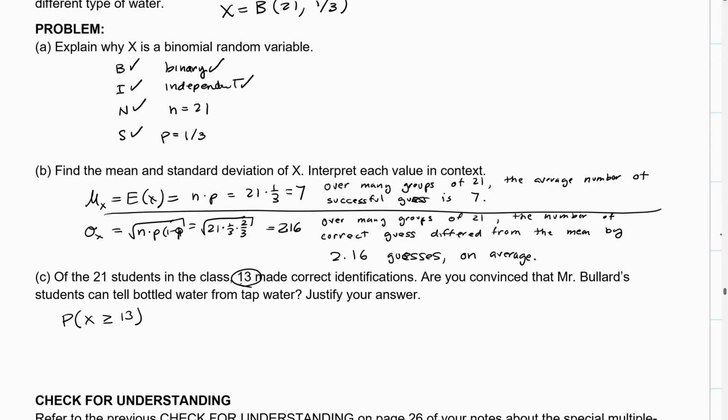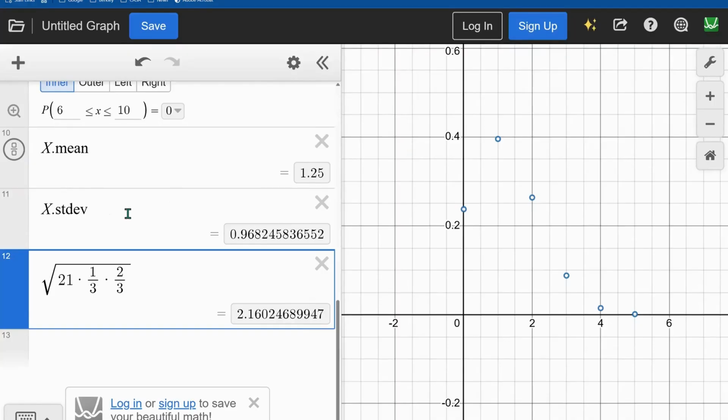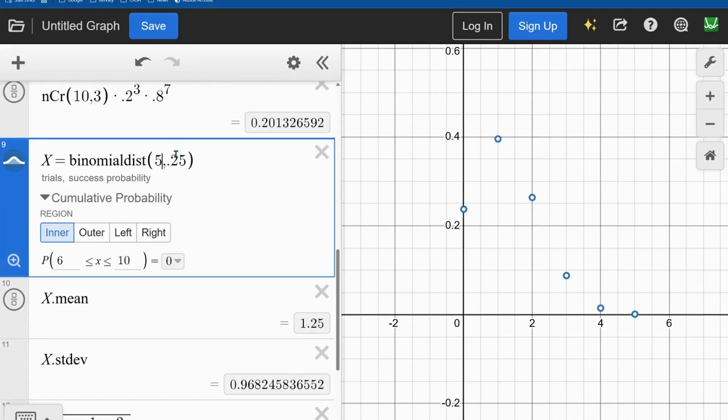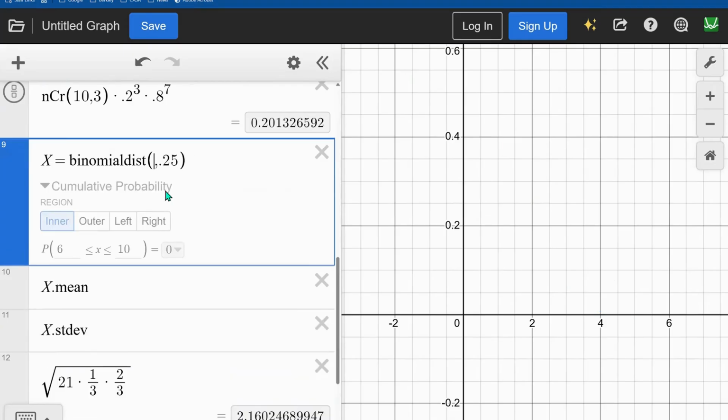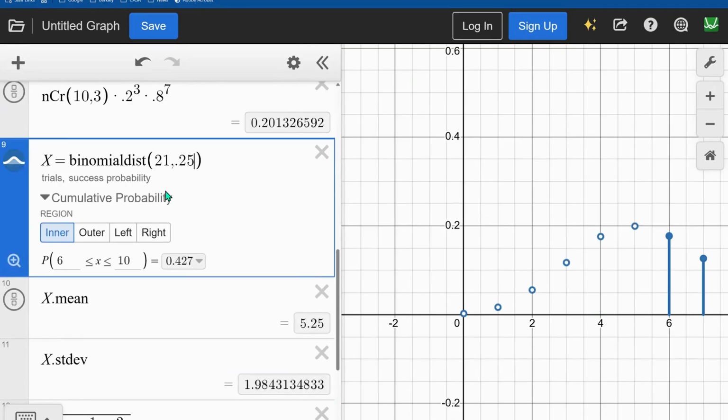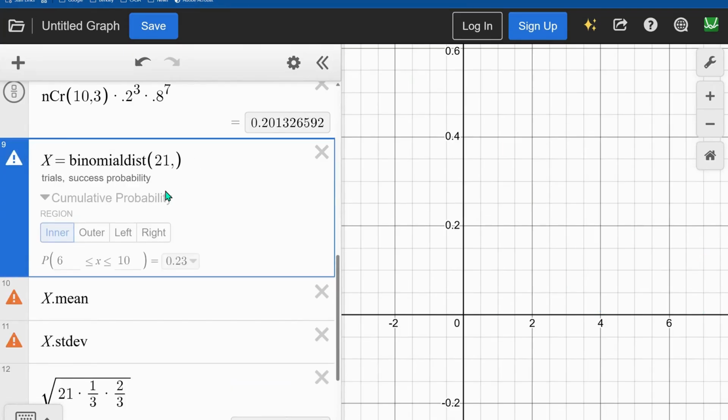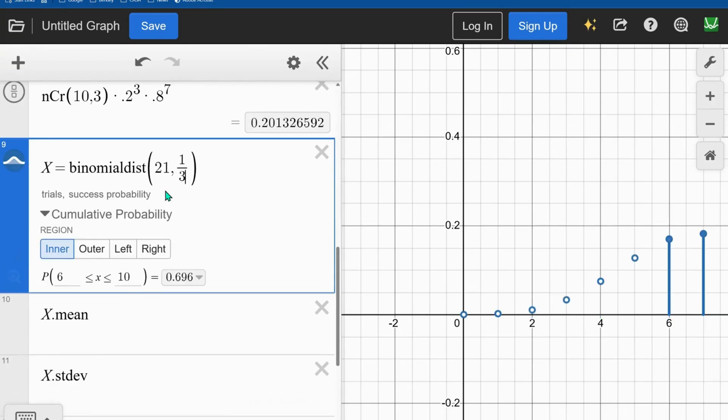So let's go back to here. Maybe I'll just modify this. Let's say X is 21 people with a 1/3 chance of guessing correctly. And we would like to know what's the probability of getting 13 or more, which means 13 to 21 of them correct.